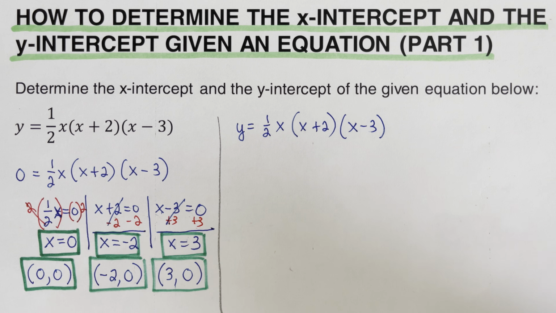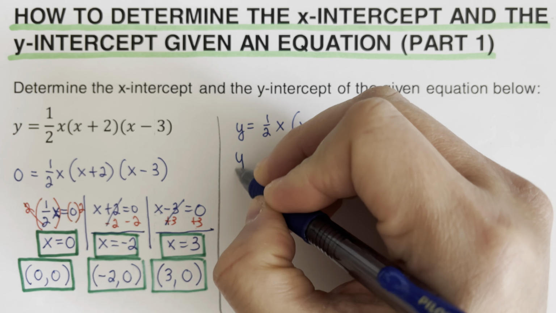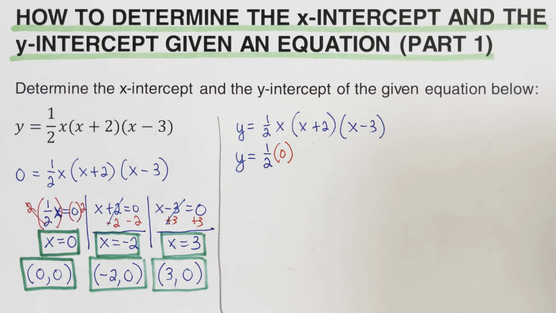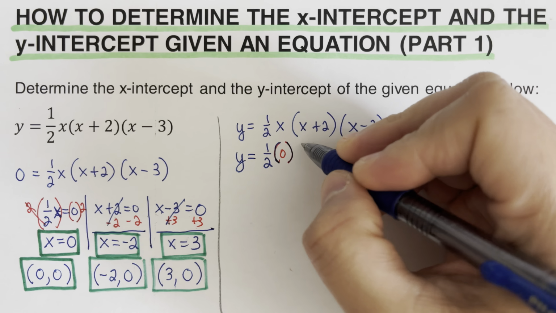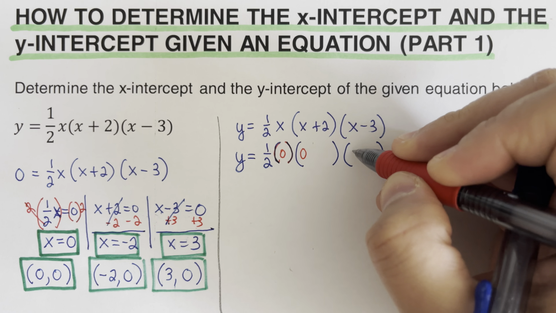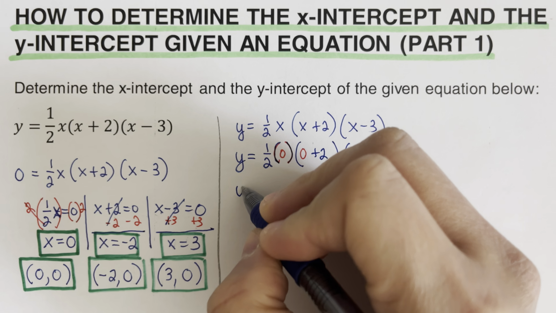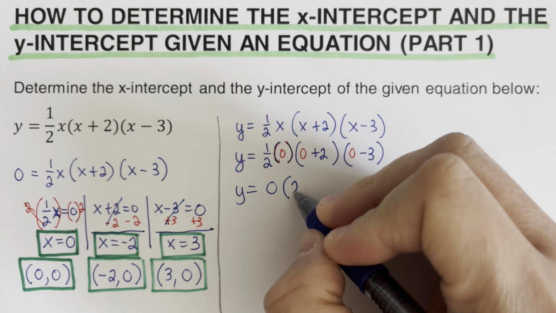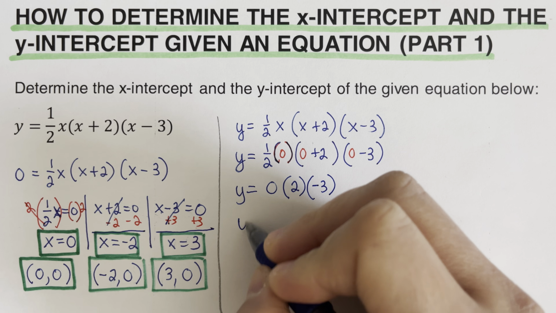That would be y is equal to 1/2 times 0, and then we have 0 for x in the quantities, plus 2 and minus 3. So y is equal to 1/2 times 0 is 0, times 0 plus 2 is 2, and then 0 minus 3 is -3.